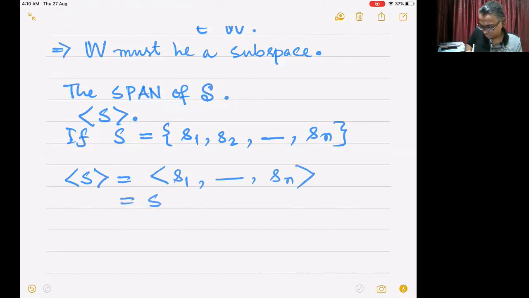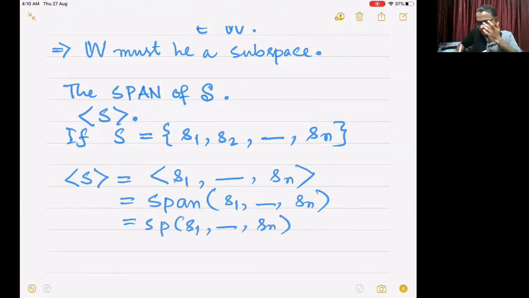Some books also write span(s1, ..., sn). Many conventions are there. We're going to stick mostly to this one, or sometimes this one. So this is the span.